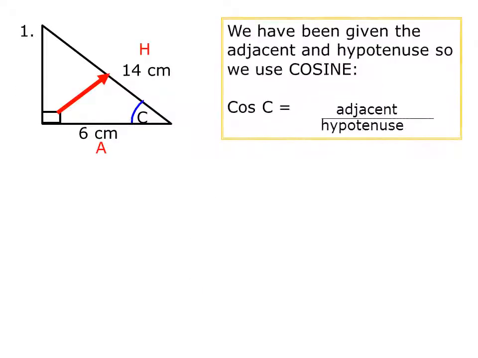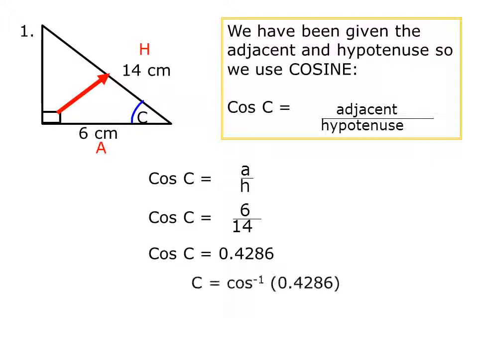In this triangle, the length of the adjacent side and the length of the hypotenuse are given. If we want to find the measurement of angle C, we will use a cosine ratio. If we replace the length of the adjacent side and the length of the hypotenuse, we can find the measurement of angle C, which is 64.6 degrees.